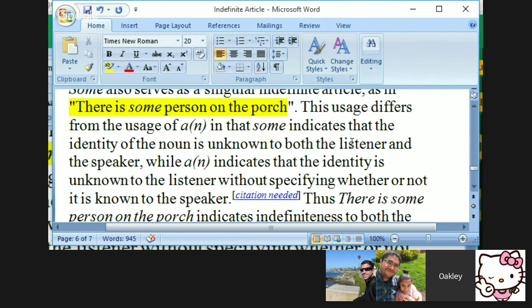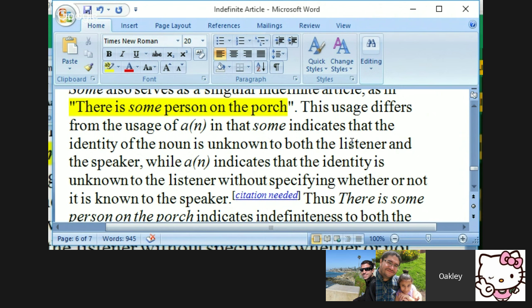The same as certain. There's a certain person on... not exactly. You mean like there's a certain person on the porch? Yes. Good question. Now, that's a very interesting case. There's a certain person on the porch probably means that the speaker knows.